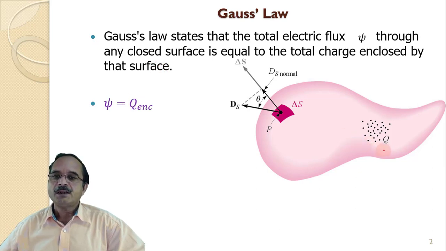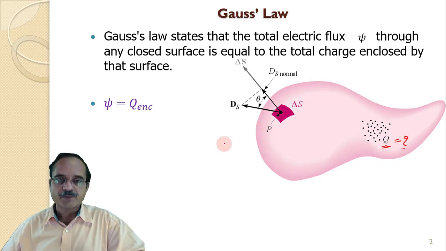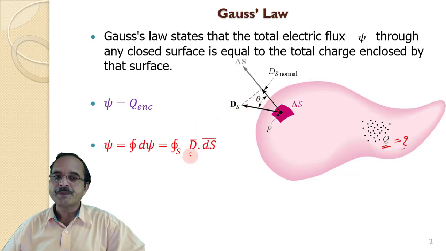As we have seen in the previous lecture, Gauss law helps us to find out the unknown charge inside the closed surface. This we find out by taking the integral D dot dS over the complete surface. So dS is a small differential surface area.